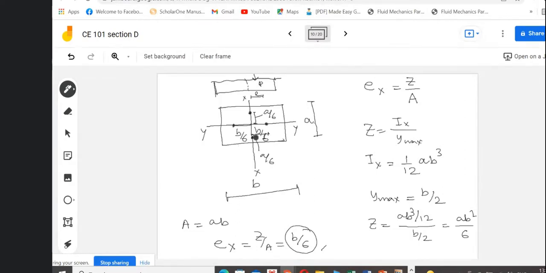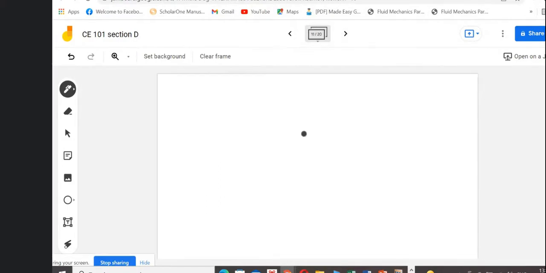So I am redrawing this part here clearly. This is the rectangular portion.